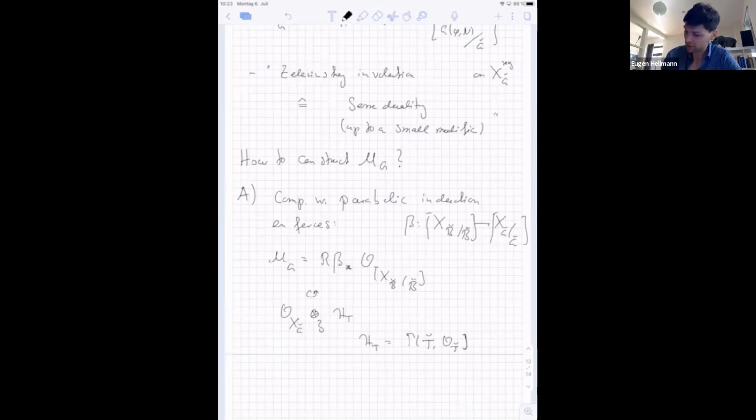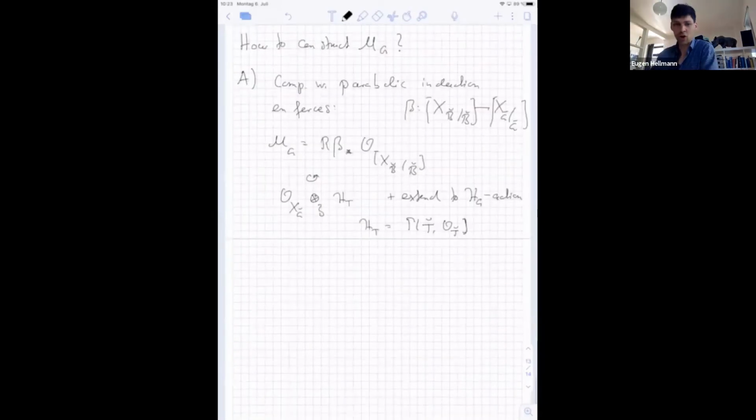And so this is kind of the canonical object that you start with, and you have to try to extend to an action of H_G. Okay, so that's one obvious thing that you can try to do, and then see whether this functor, which by definition satisfies compatibility with parabolic induction, has all the other nice properties that you wanted.